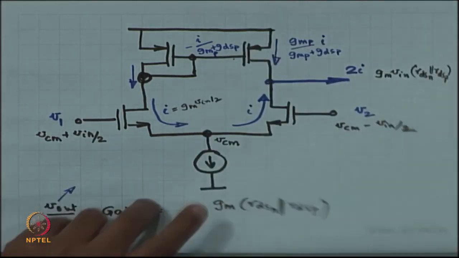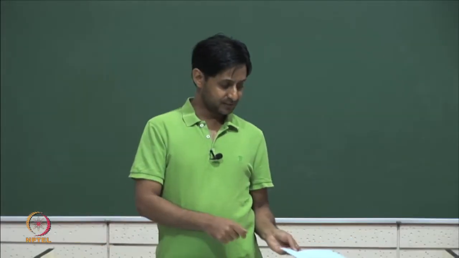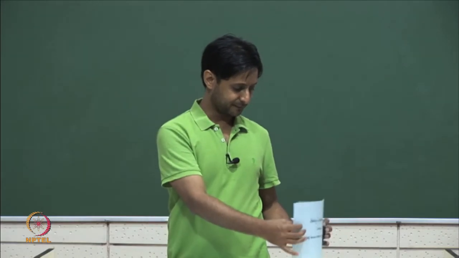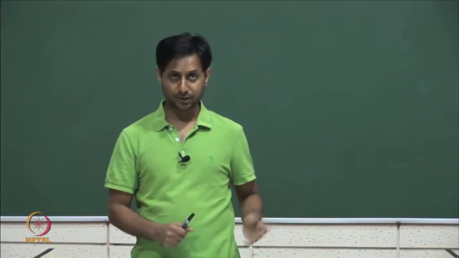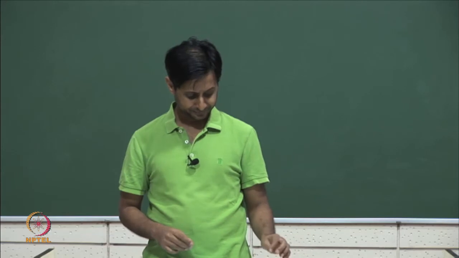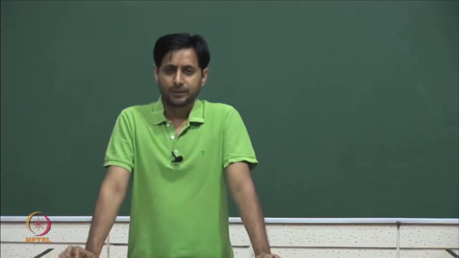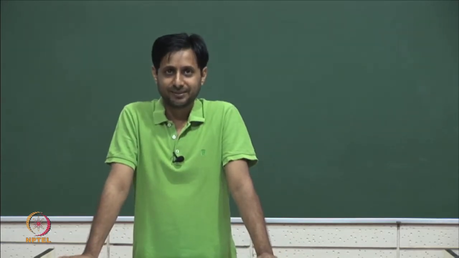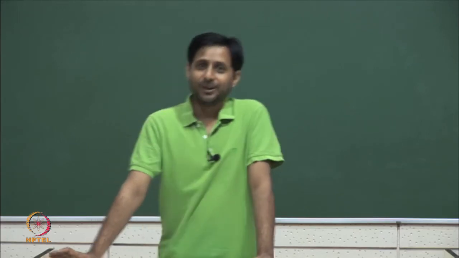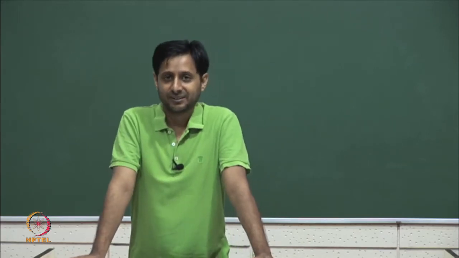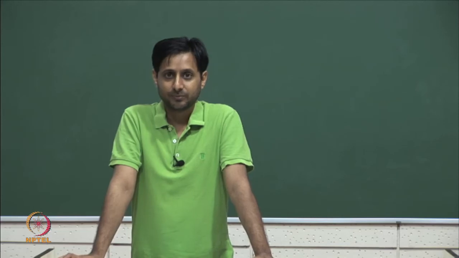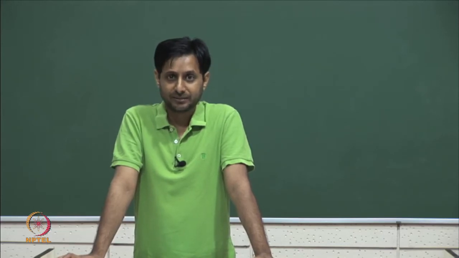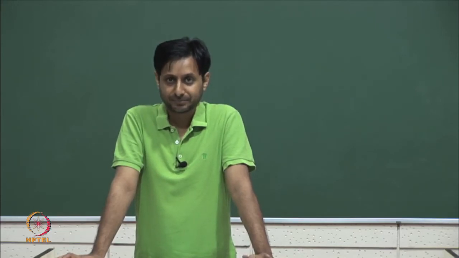All right. So, this is your self biased active load op amp, active load amplifier. Now, what is it going to take? You see, I just mentioned op amp. What is it going to take for us to make an op amp? We now know how to make a differential amplifier.